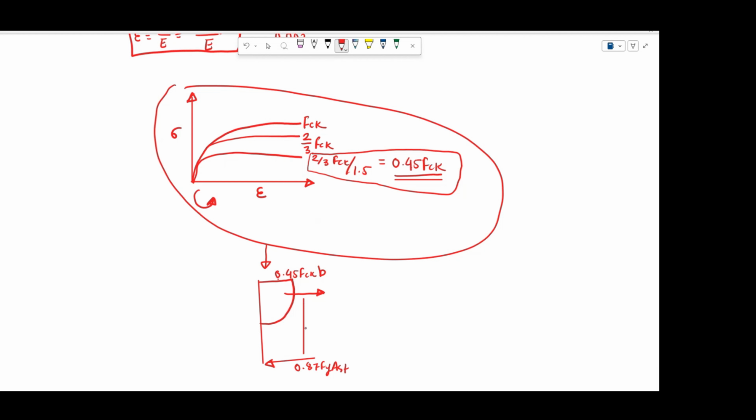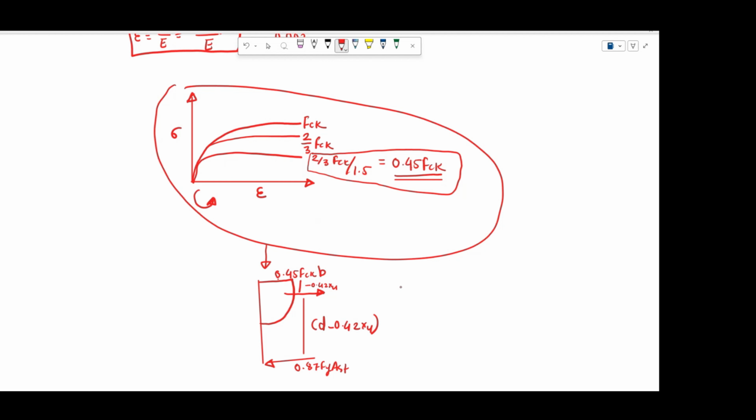This lever arm will come to be as d minus 0.42 xu. Why 0.42 xu? Because the centroid of this particular block from the top will be 0.42 xu. That's why d minus 0.42 xu will be your lever arm.